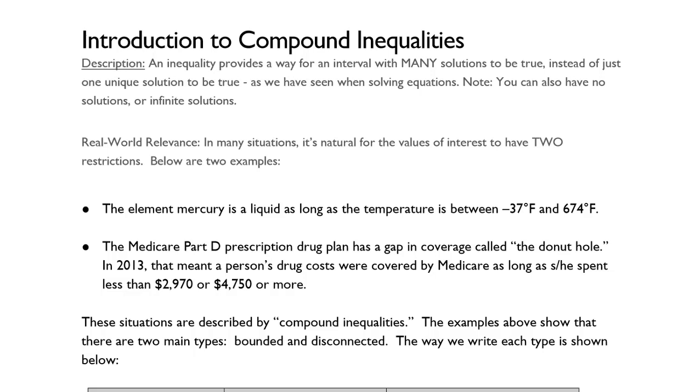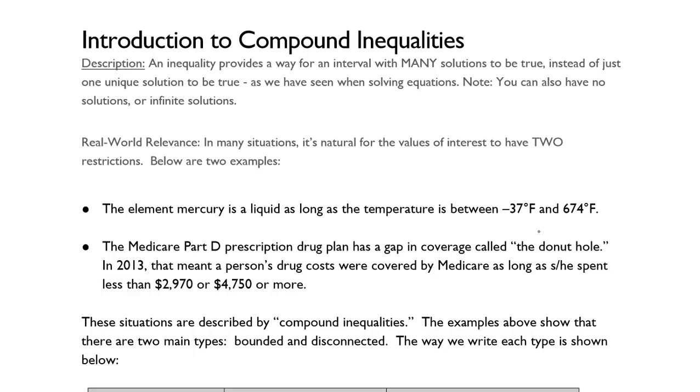In many situations, it's natural for the values that you're looking at to have two restrictions. So here are some examples like that. The element mercury is a liquid as long as the temperature is between -37 degrees Fahrenheit and 674 degrees Fahrenheit. So we're going to write this as an inequality.